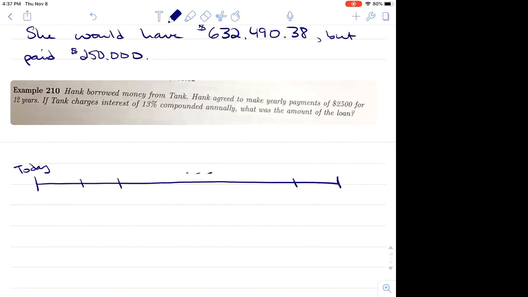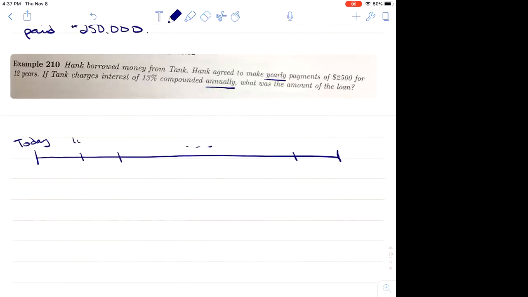So he's going to make yearly payments, and it's compounded annually. So they're the same, so we don't have to deal with that. We've got 1 year, 2 years, and he's going to make payments for 12 years. So this would be at 11 years.